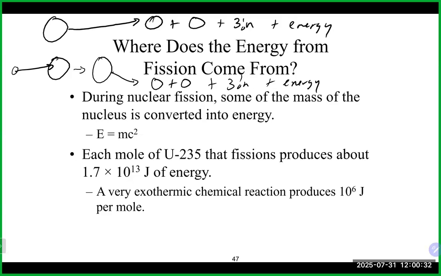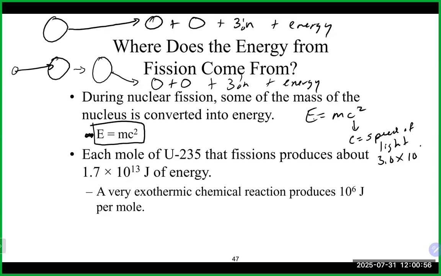Now, during nuclear fission, some of the mass of the nucleus is actually converted into energy via Einstein's equation, E equals mc squared, c being the speed of light. We could roll with 3 times 10 to the 8 meters per second.